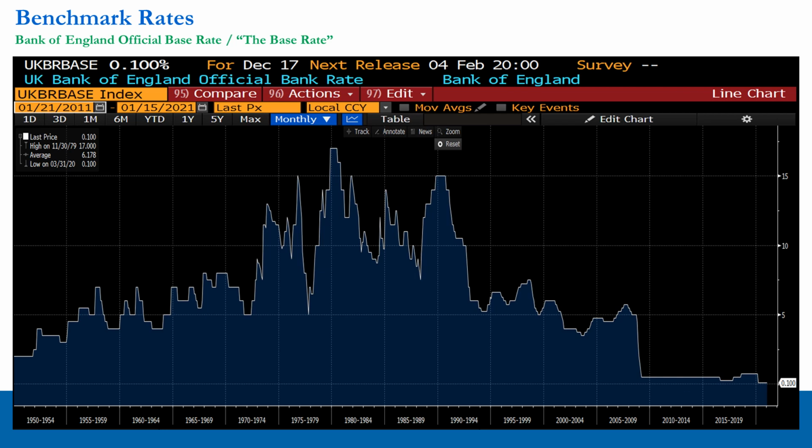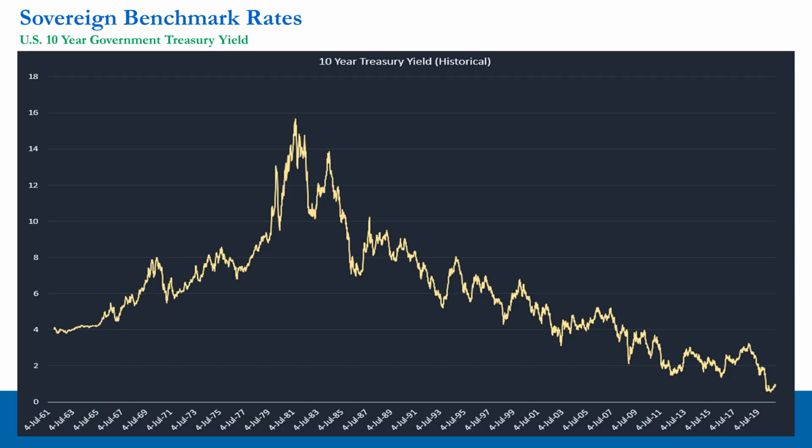Now let's have a look as well at the US government debt. The 10-year government treasury yield, which the bond market prices off official rates. So the private bond market is pricing off official rates.